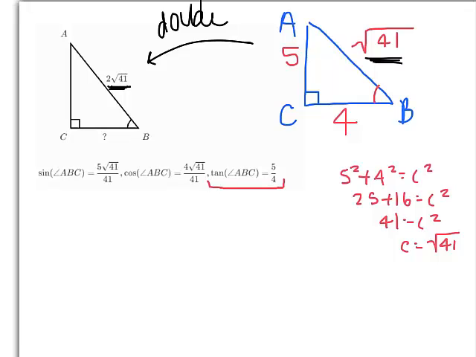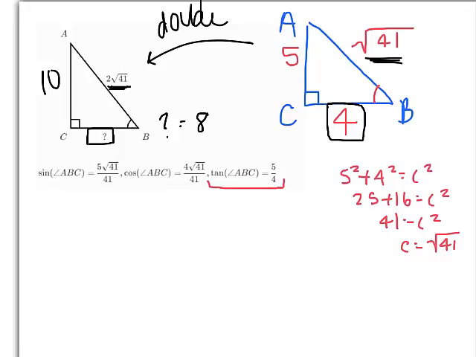So if I want to find this leg, well, in my triangle, that leg was 4. So in this triangle, that leg is going to be 8 because 2 times 4 is 8. Okay, and then this one over here would be 10.